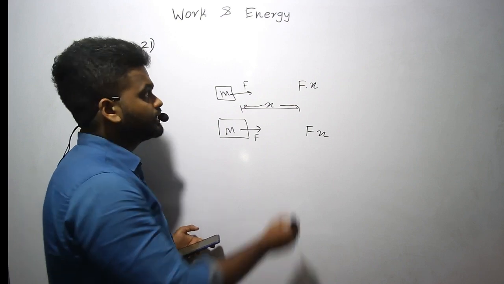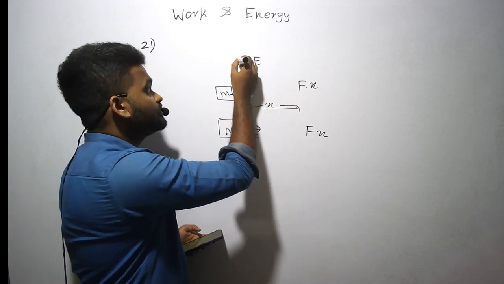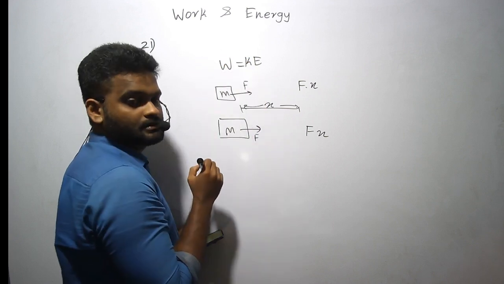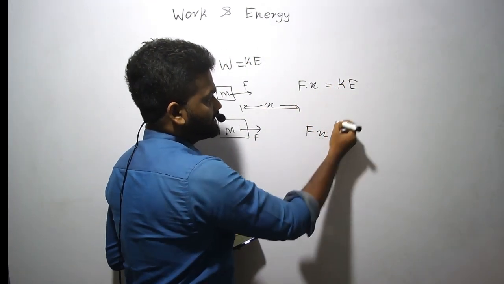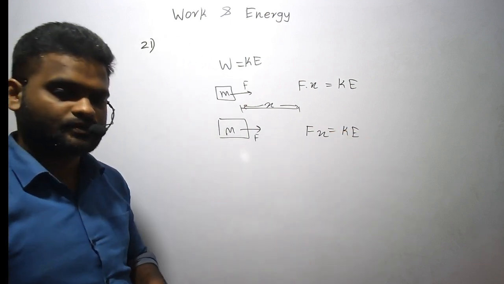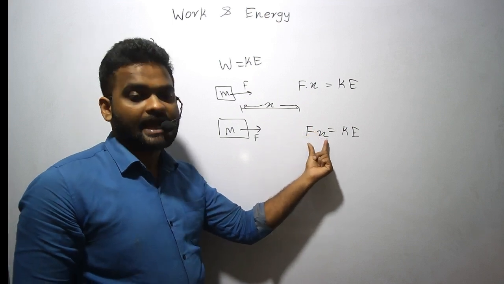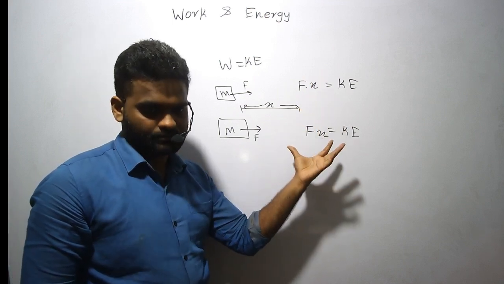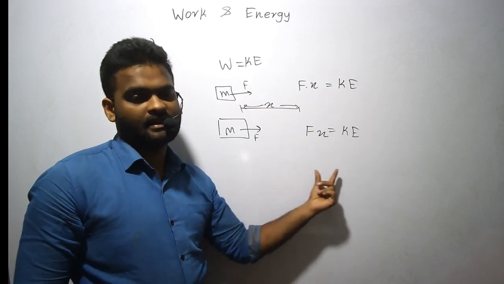Understood? So kinetic energy gained is equal to work done, right? So do you understand kinetic energy in both cases is the same? Because work done in both cases is the same, so kinetic energy gained is also the same. KE and K are the same.